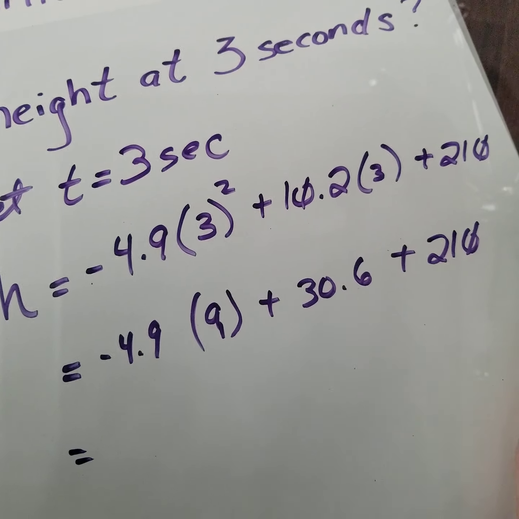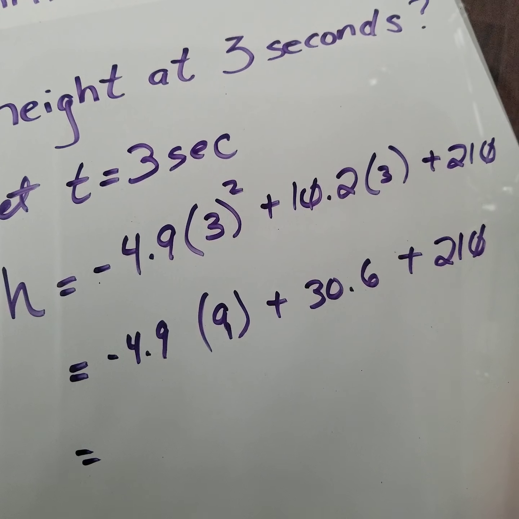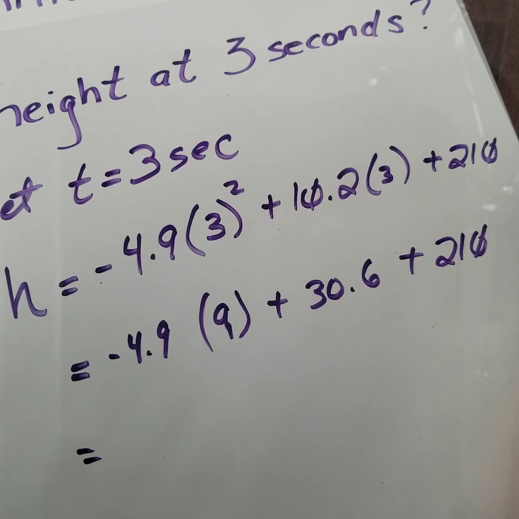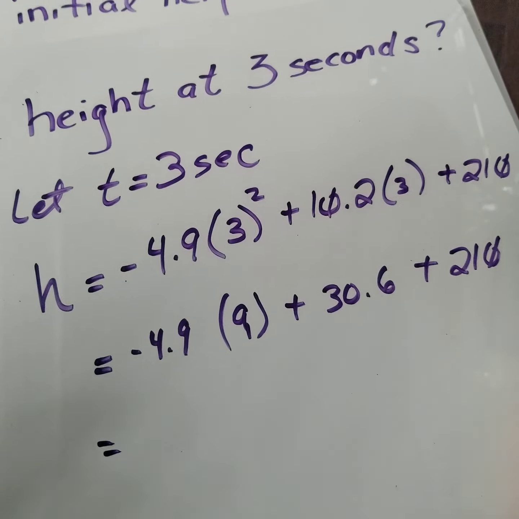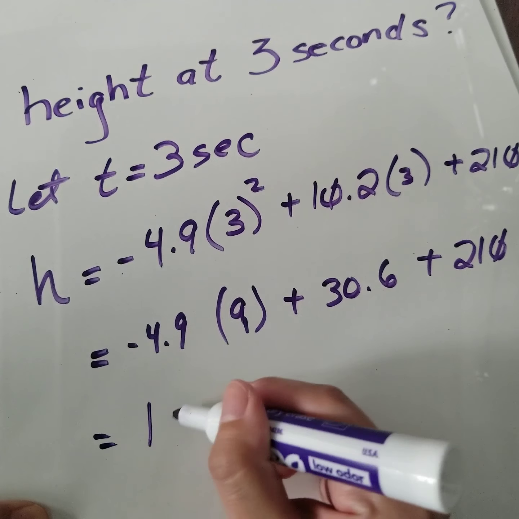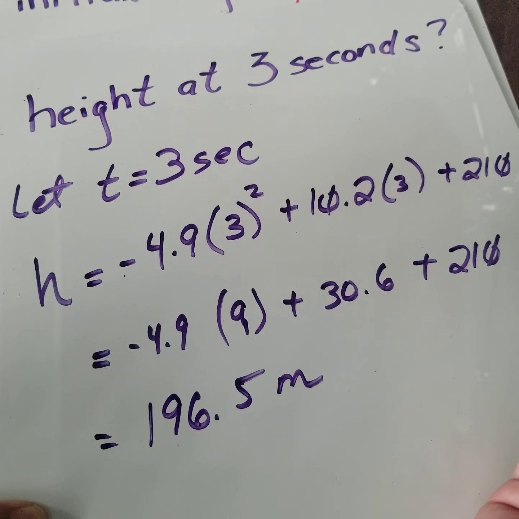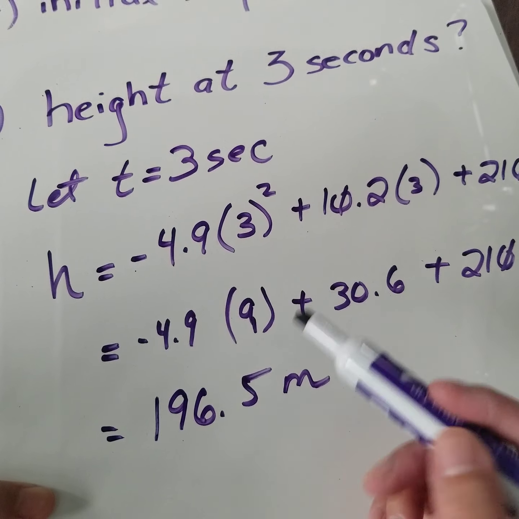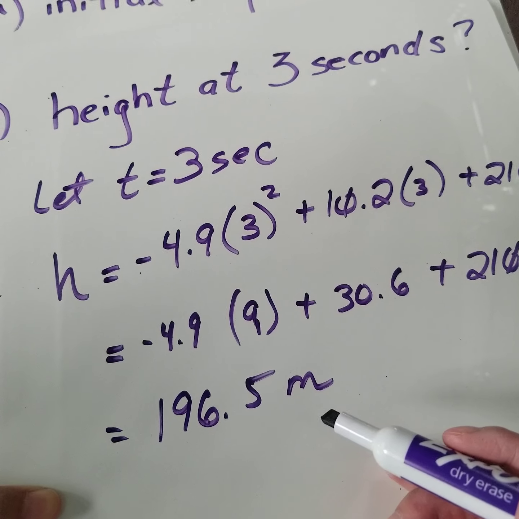And then I'm going to add 210. And then they give me an answer of 196.5 meters. Okay. So the height at 3 seconds would be 196.5 meters.